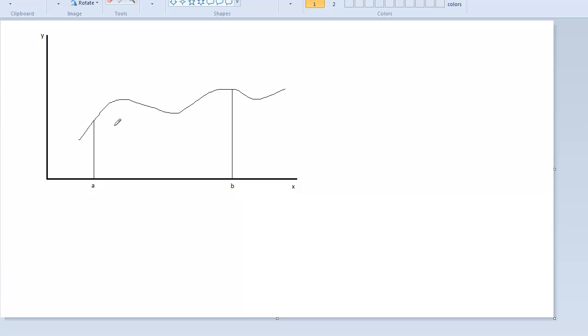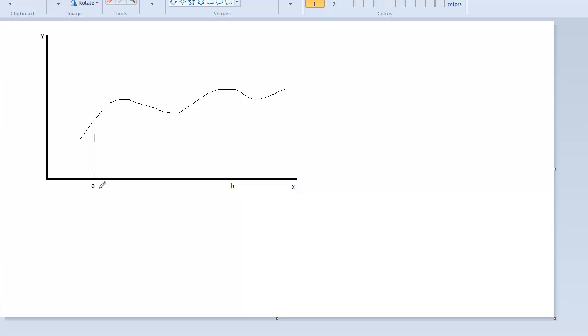Well, how to do that? We use a method called Riemann Sums. Riemann Sums are based on splitting this region into smaller regions, and then we calculate rectangles. Let me draw a simple picture.